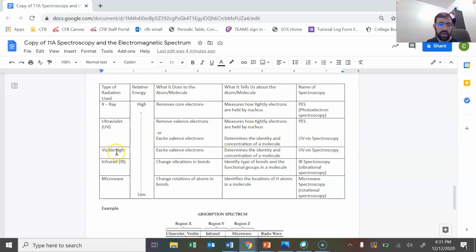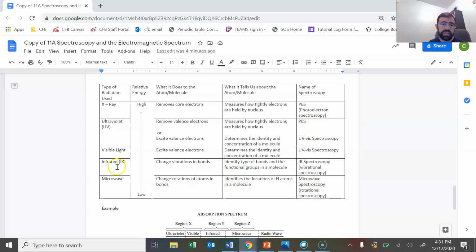Okay, and we can do that with either low energy ultraviolet light or with visible light to excite the valence electrons and determine the identity and concentration of the molecule. We have some spectrometers that we typically do a lab with that are UV-vis spectrometers. We will probably try to do a demo with them at some point.